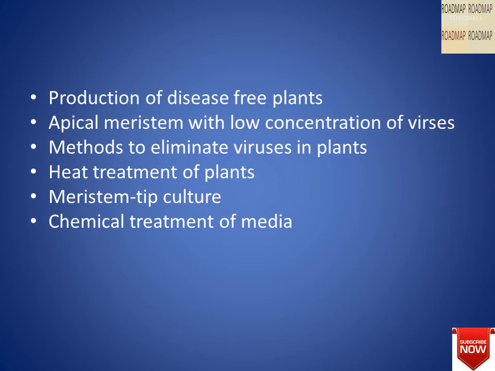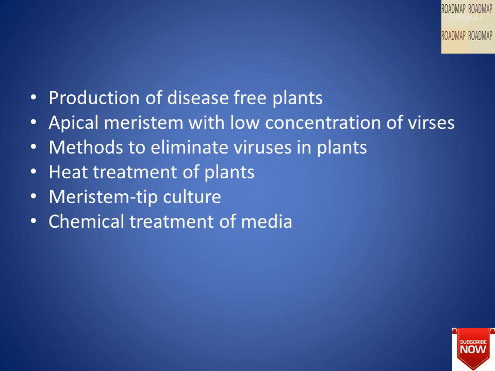Then coming to the chemical treatment of media. Some workers have attempted to eradicate the viruses from infected plants by chemical treatment of tissue culture media. The commonly used chemical growth substances for this purpose were cytokinin and antimetabolites, such as thiouracil and acetyl salicylic acid.